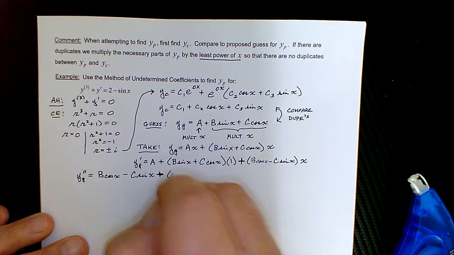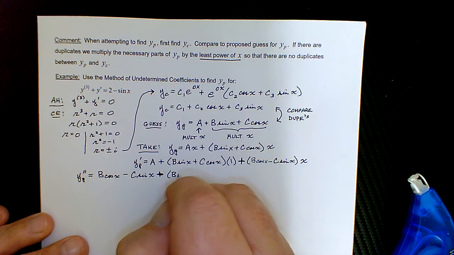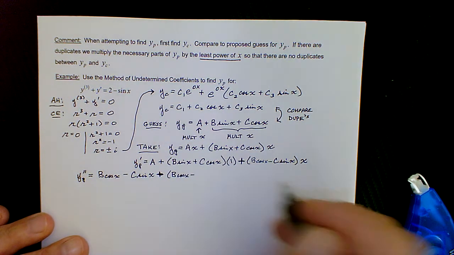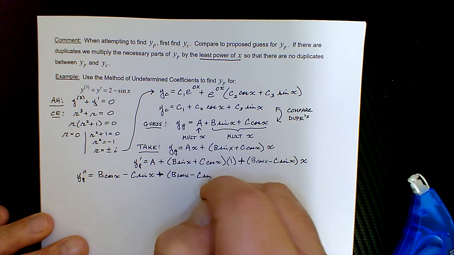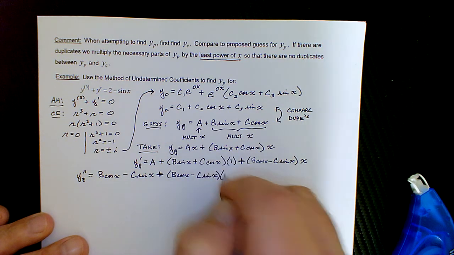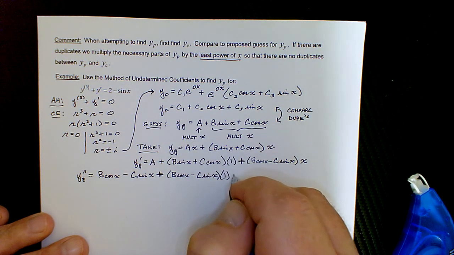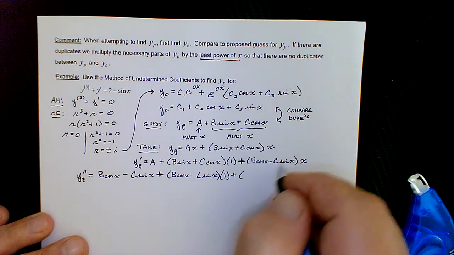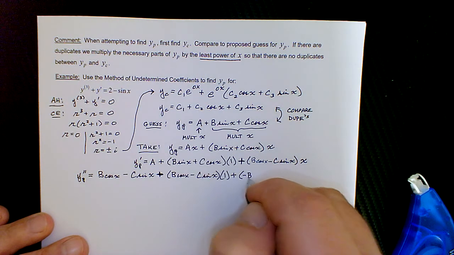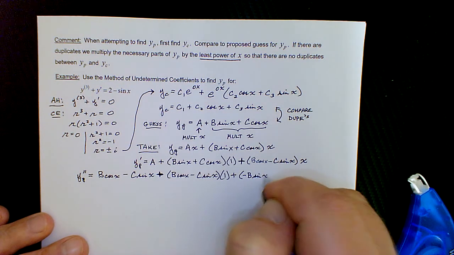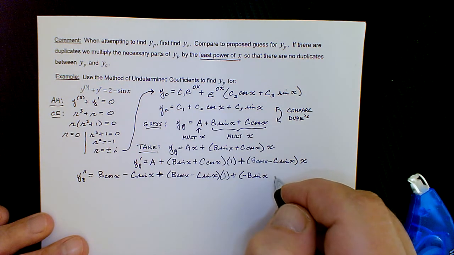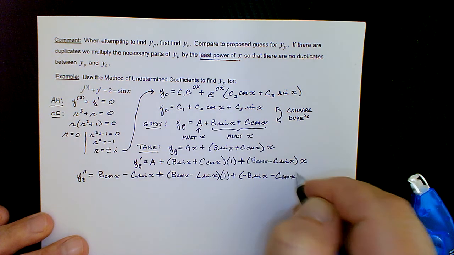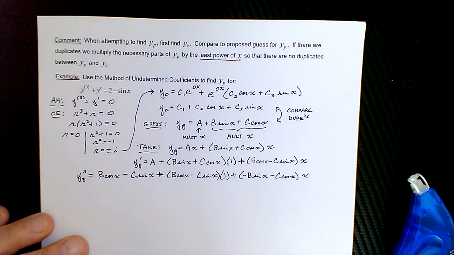So first factor b cosine x minus c sine x, times the derivative of the second, and then plus the second factor, the x, I'll hold on to it, derivative of the first, minus b sine x, and minus c cosine x times that x.